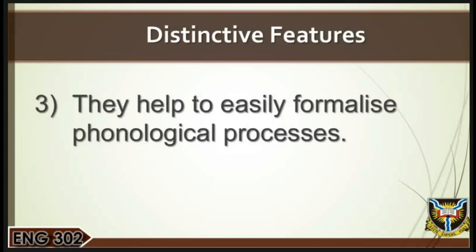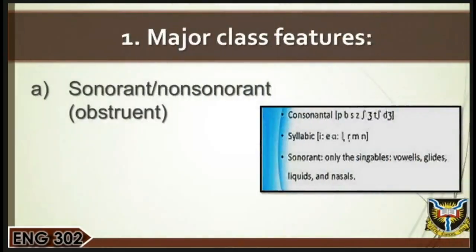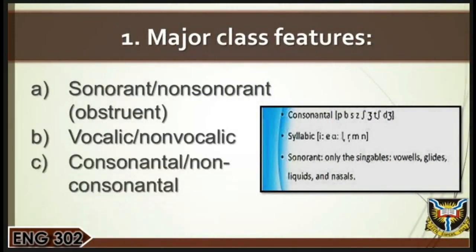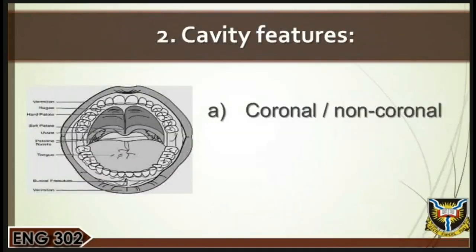These are the classifications of distinctive features by Chomsky and Halle. 1. Major class features: A. Sonorants or non-sonorants, in brackets, obstruents. B. Vocalic or non-vocalic. C. Consonantal or non-consonantal. 2. Cavity features: A. Coronal or non-coronal.